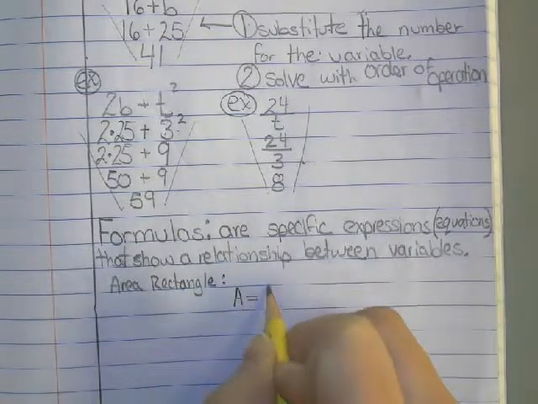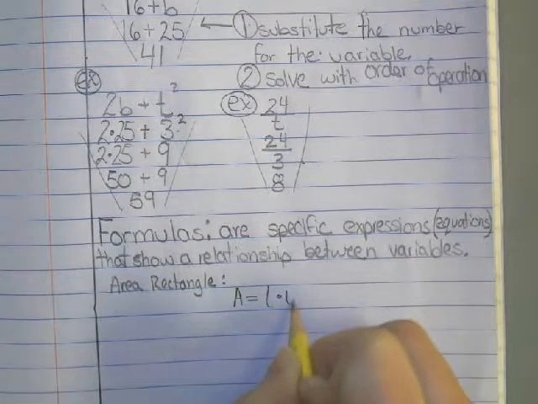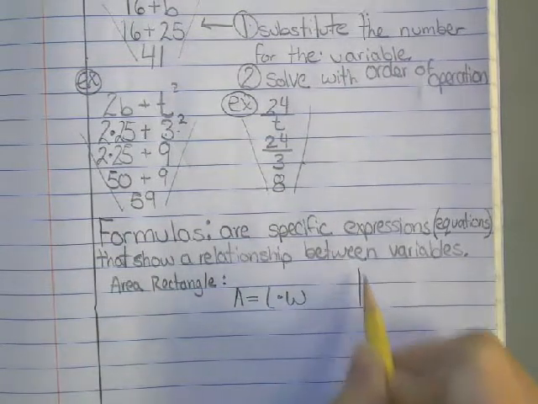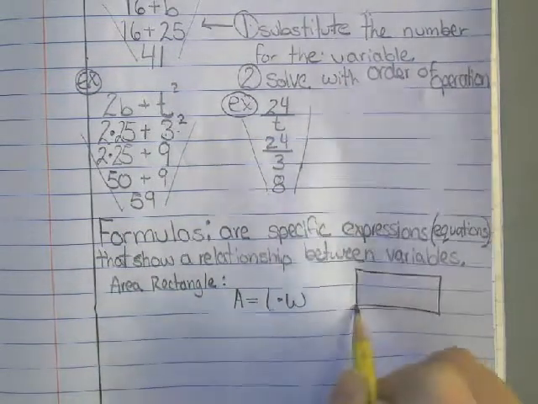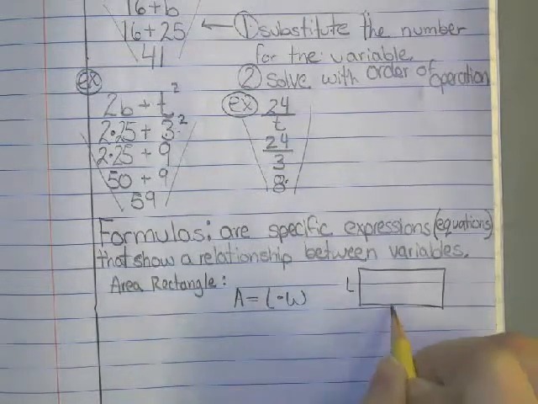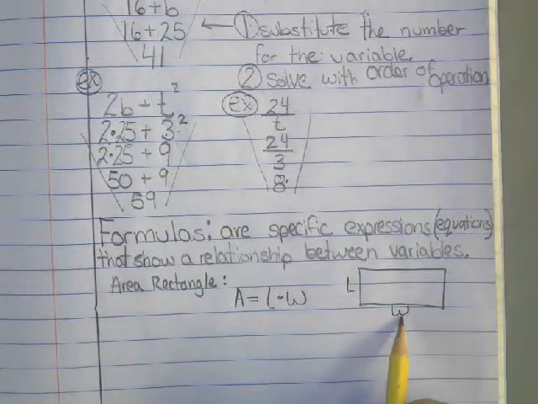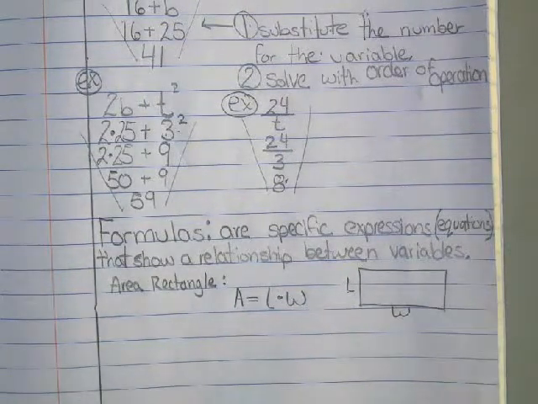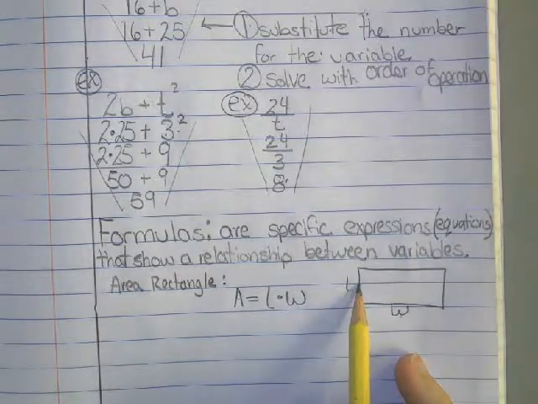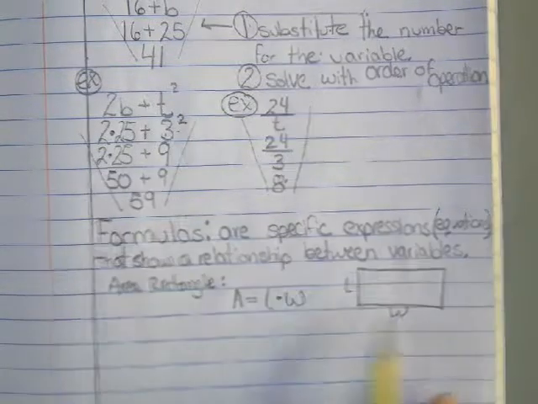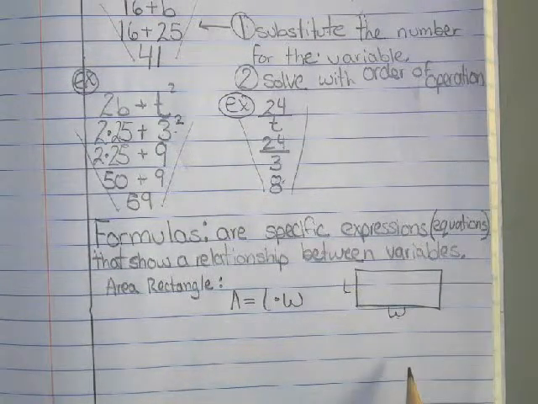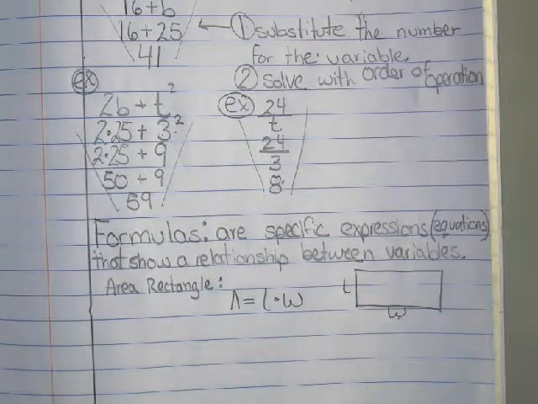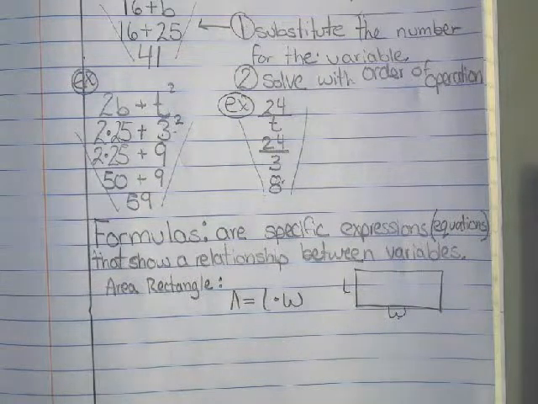A equals L times W. And if we were to look at a rectangle, one of the sides would be the length and one of the sides would be the width. L times W. And that's where we get that ability to get the area. The relationship between this length and this width is our area, and it's always like that. Always.